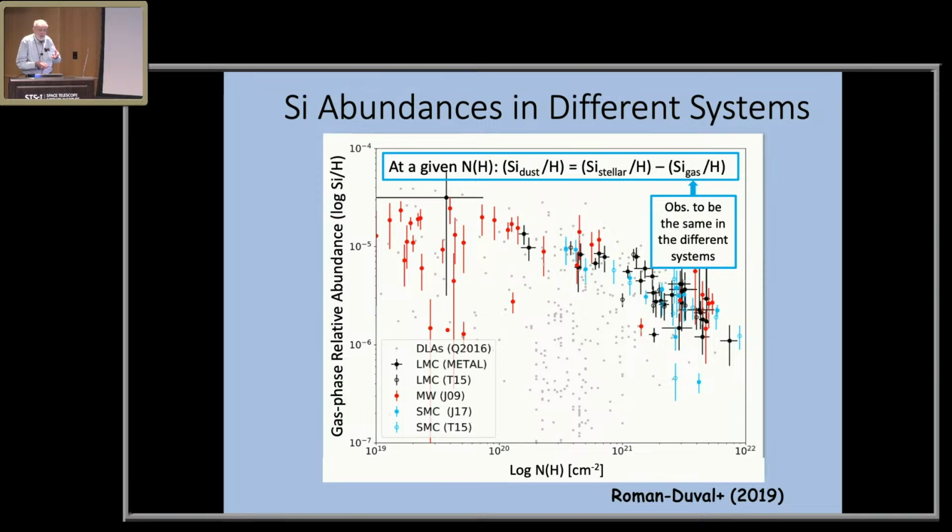And that makes sense, that once you have a lower metallicity, the atoms can't find each other as easily, and so they don't condense as rapidly. The DLAs, it's just kind of a mess. Okay, you can then measure the mass-weighted dust-to-gas ratio, and here we have it for the three different systems.